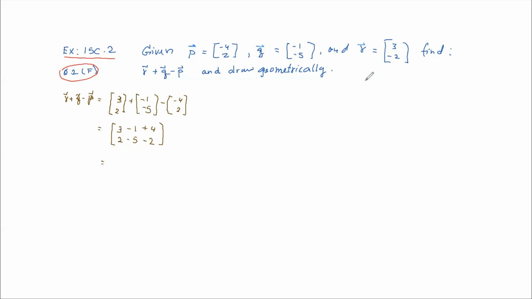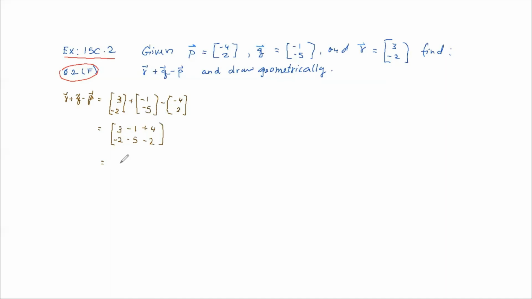Oh, sorry, here r is 3, -2. Okay, and then q is -1, -5, p is -4, 2. Now this one is going to be 3 minus 1 plus 4. And then this one should be -2 minus 5 minus 2.